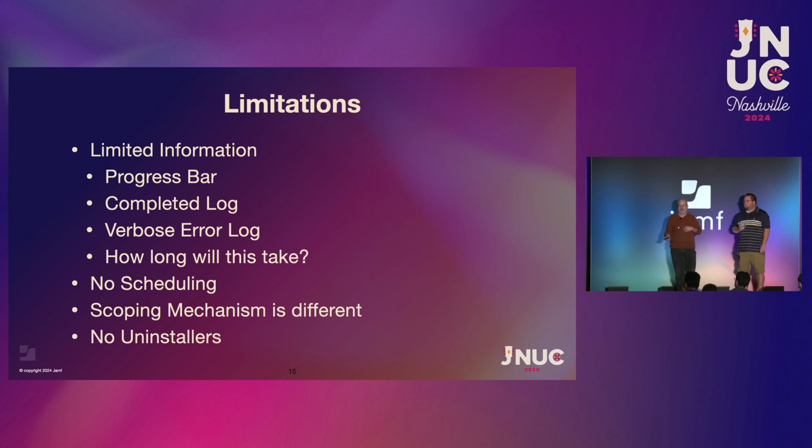Certainly not a completed log. Certainly not a log that can break it down to the group that you've scoped. And no really verbose error log at all. So you really don't know why it's taking so long, or you just can't plan ahead in terms of, can you be confident this is going to come down in an hour as opposed to 3 hours?